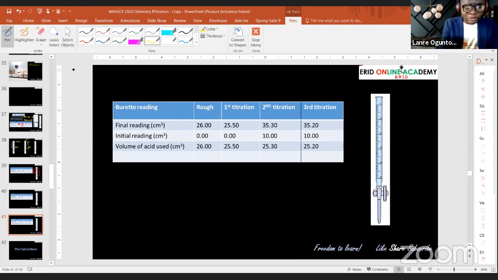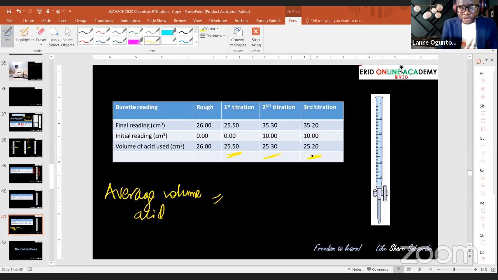To calculate the final average volume of acid used, we have started a calculation now, so you need to be very attentive. You are going to add this plus this plus this. So you are using only your first, second, and third titer values.